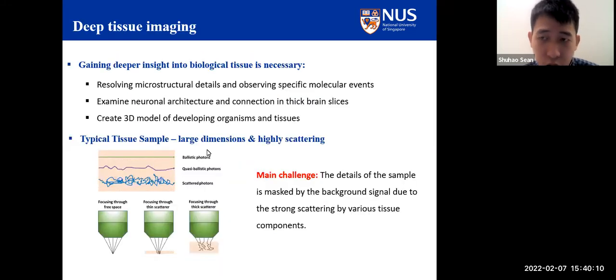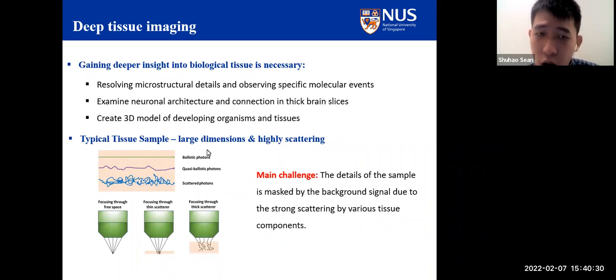The most challenging one is actually deep tissue imaging. It is very valuable for us to achieve it because we want to resolve microstructure details in the deep regions.